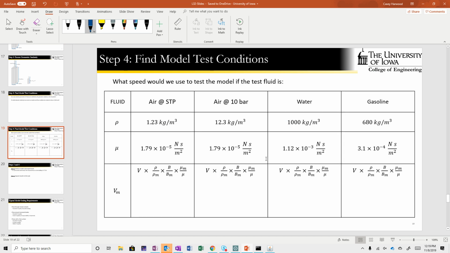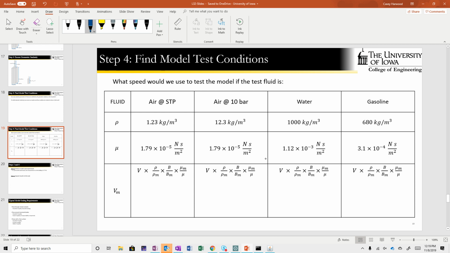If we filled our wind tunnel with air at atmospheric conditions, the same air at standard temperature and pressure; air pressurized at 10 bar, so the density is escalated by 10 times, and the viscosity stays unchanged, at least according to the ideal gas law; if we filled it with water; and then finally if we just got real reckless and filled the entire thing with gasoline.